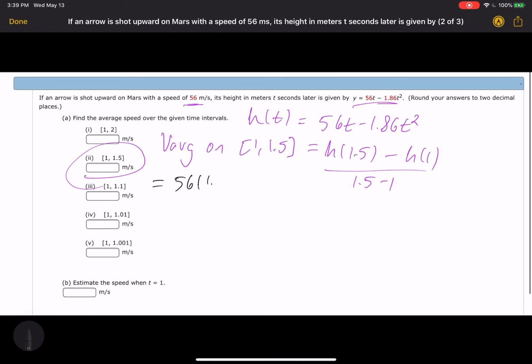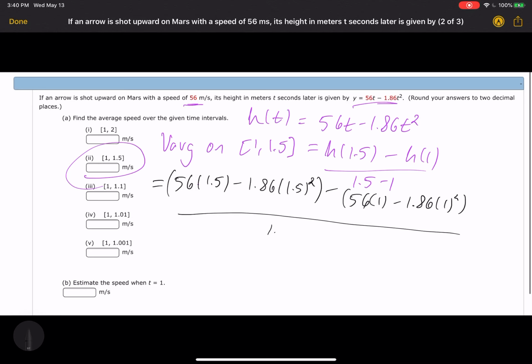So this will be equal to 56 times 1.5 minus 1.86 times 1.5 squared, minus 56 times 1 minus 1.86 times 1 squared, all over 1.5 minus 1.